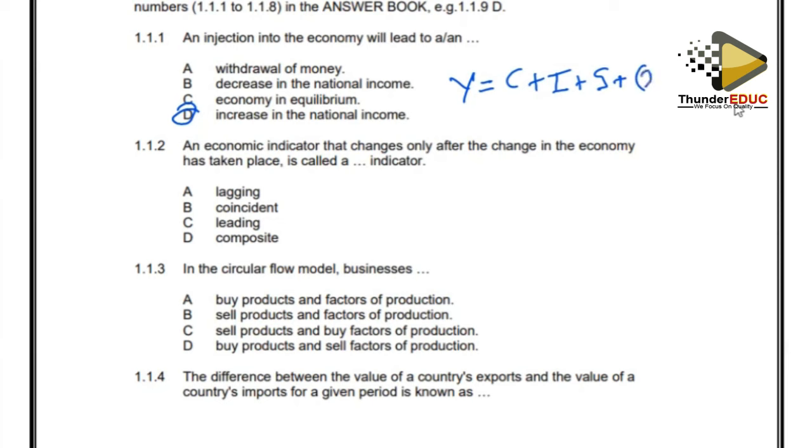Remember, net exports, we take into account the exports minus imports. Why should it always be exports minus imports? Because it is always advisable for any economy to produce a lot of goods and services that can satisfy the needs of local people, and after that, the excess should be sold to other countries.